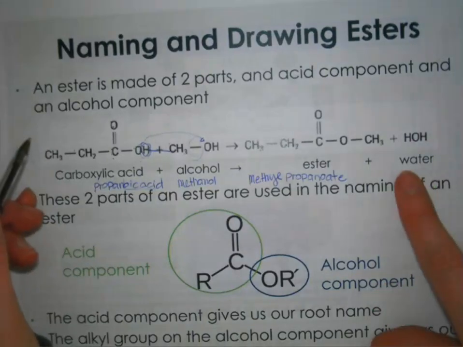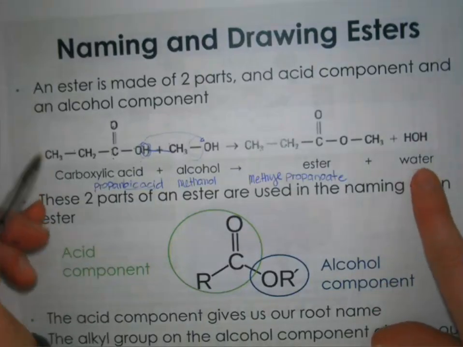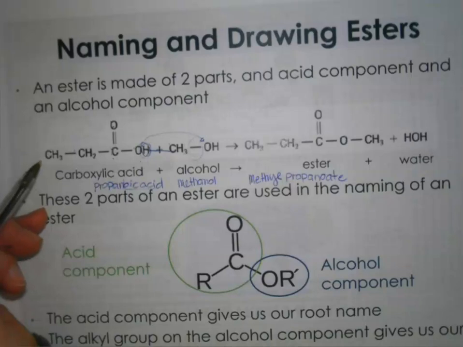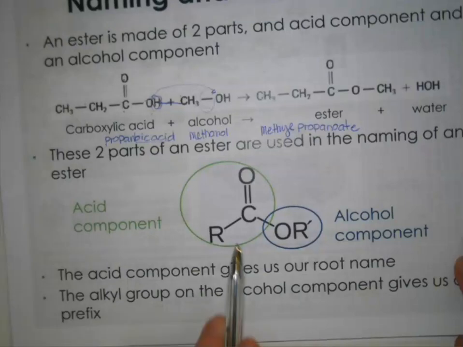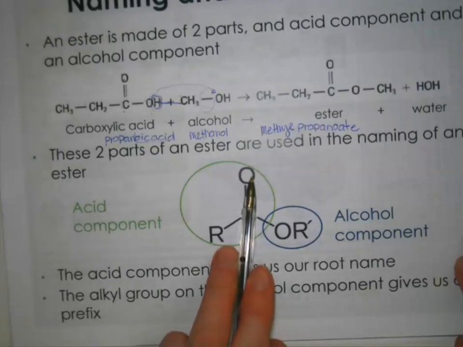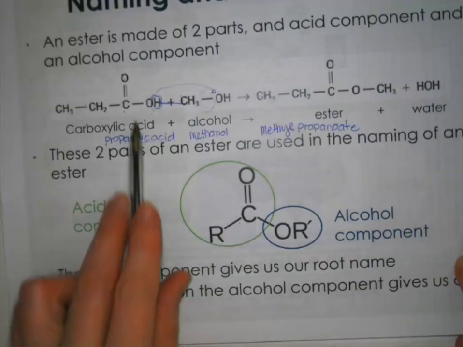Now later on we're going to look a little bit more in detail at how this actual reaction happens where we lose the water molecule, but you don't have to worry about that for now. So we have our acid component comes from the carbon that has the double bonded oxygen, and then whatever else comes off of there.